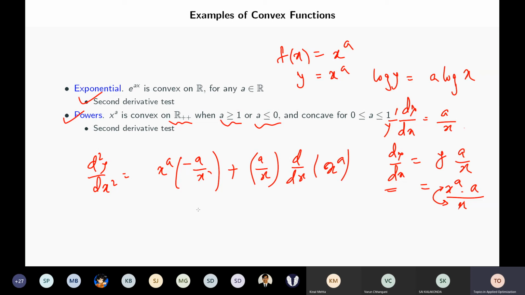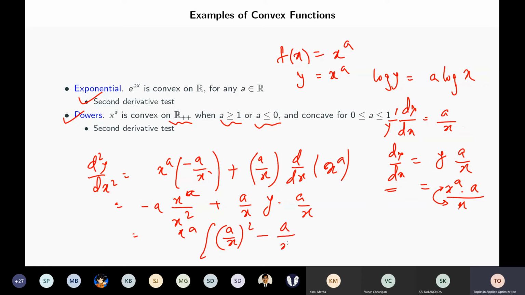Okay, so this boils down to minus a x to the a by x squared plus a by x times y times a by x. If I take x to the a common, this is (a by x) whole squared minus a by x squared. I can take x squared common, so this is a into (a minus 1). So this is the second derivative.